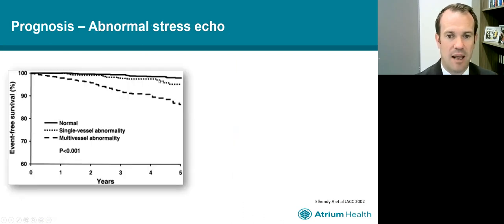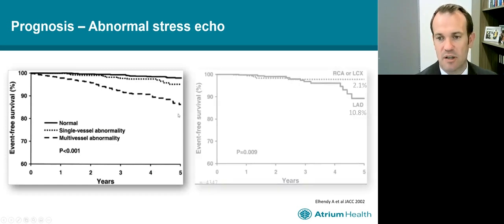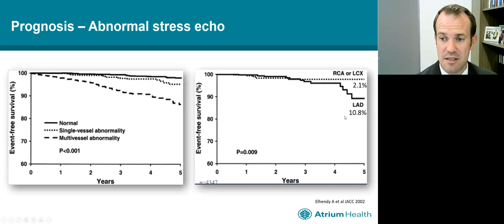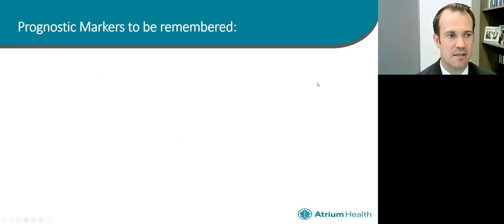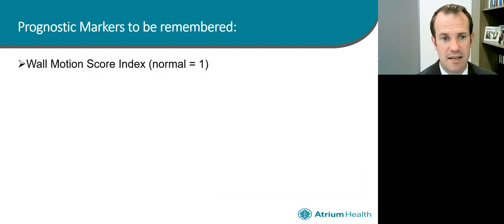If you have a single vessel abnormality, your prognosis is worse versus multi-vessel. And if this is an LAD lesion wall motion abnormality, your prognosis is worse than an RCA or left circumflex disease. Important to recognize the prognostic markers, and these will be examined in your test.